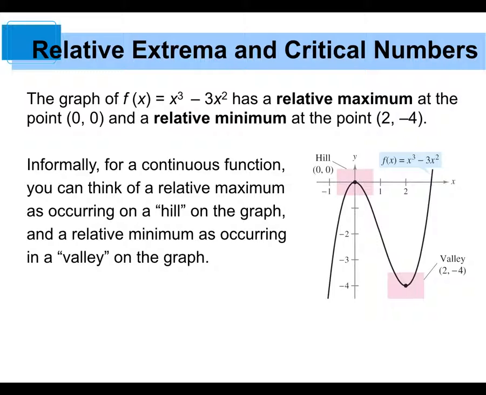This is a relative minimum because it's the lowest point in that little neighborhood, but it's not the absolute minimum because if I continue down the graph, I get lower values. And if you consider the fact that this cubic extends up forever and down forever, it would have no absolute max, nor would it have an absolute min, but it does have a couple relative maxes and relative mins.